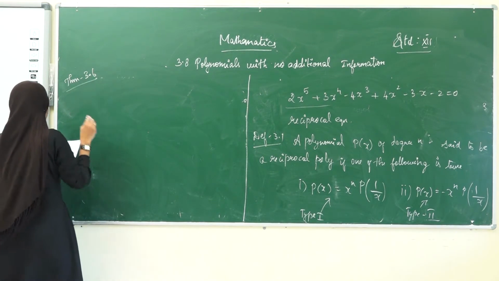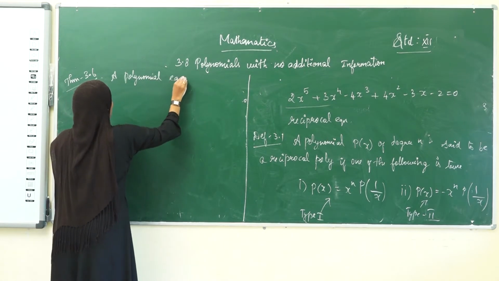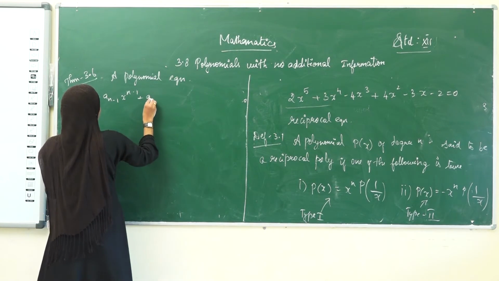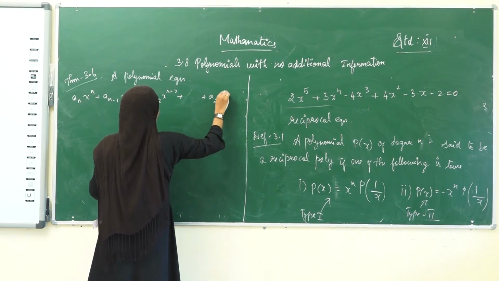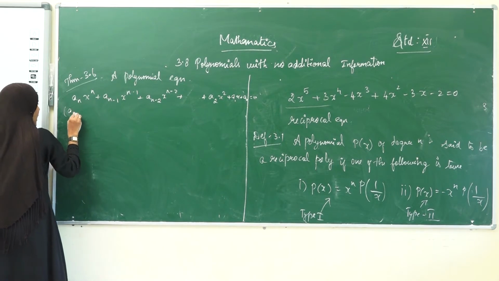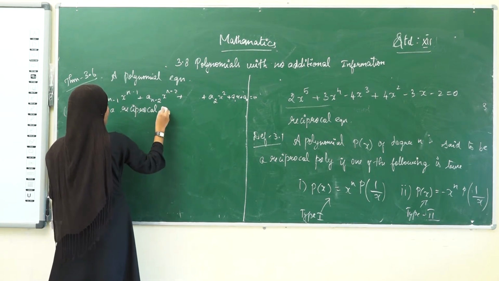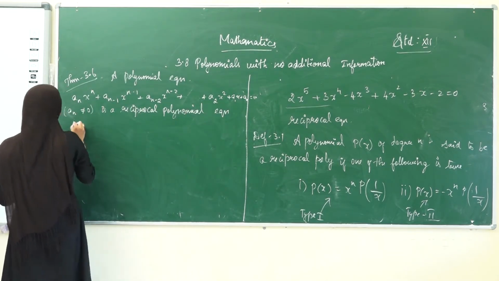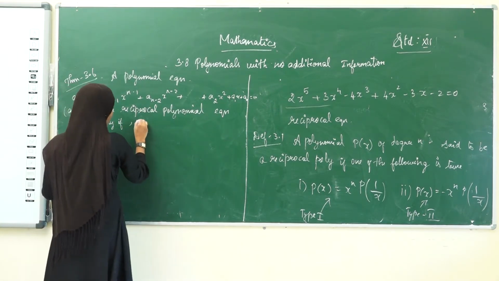Theorem 3.6. What's the statement they have given? A polynomial equation an x power n plus an minus 1 x power n minus 1 plus an minus 2 x power n minus 2 plus up to etc. plus a2 x square plus a1 x plus a naught equal to 0, such that an should not be equal to 0, is a reciprocal polynomial equation if and only if one of the following conditions is satisfied.